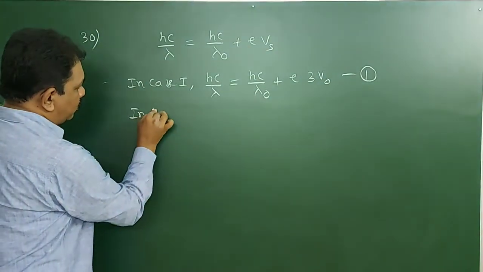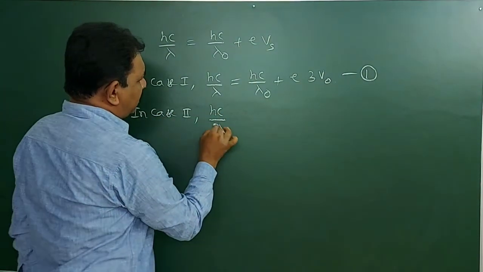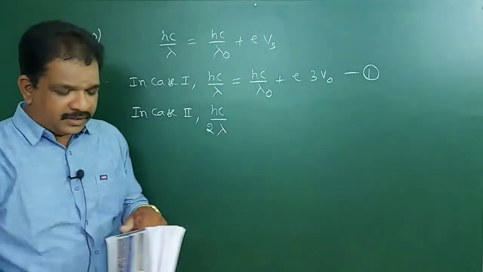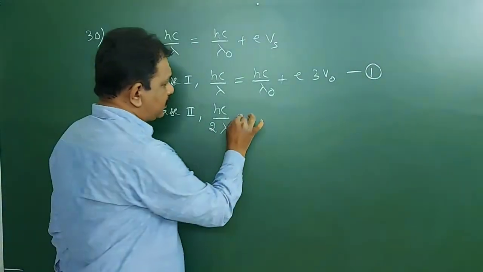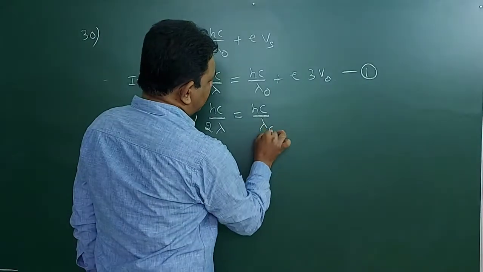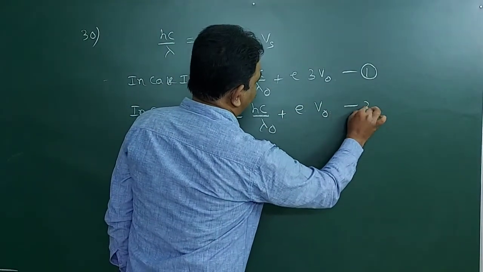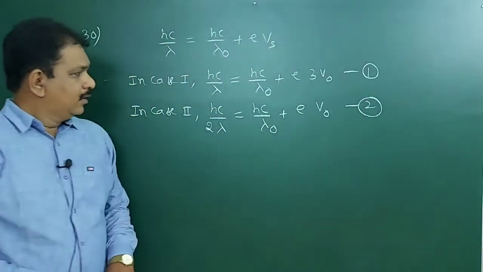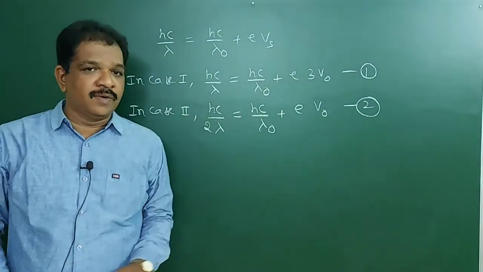In case 2, the incident wavelength is 2 lambda, so hc by 2 lambda equals hc by lambda naught plus eV0. This is equation 2. You substitute this value here.